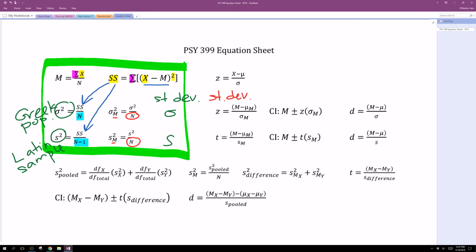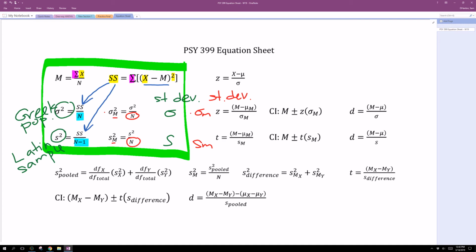Now, if you have the standard deviation of the distribution of means, again, you're just going to take the square root. So sigma sub m is the standard deviation of the distribution of means. If you have a population, to get from this one to this one, you just take the square root. Same if you're working with the standard deviation of distribution of sample means.